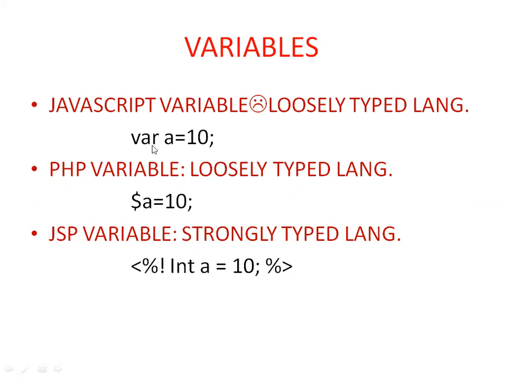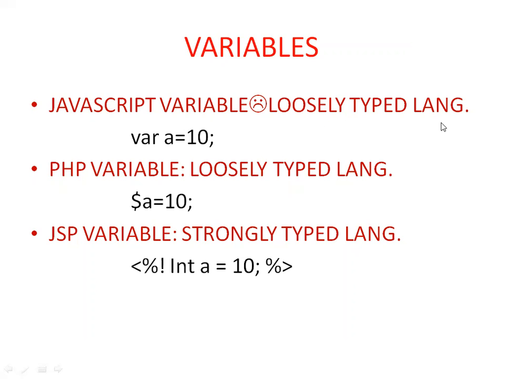Here, by using the var keyword, we can declare variables in JavaScript. var means variable. One more point is, JavaScript is a loosely typed language. What is a loosely typed language?